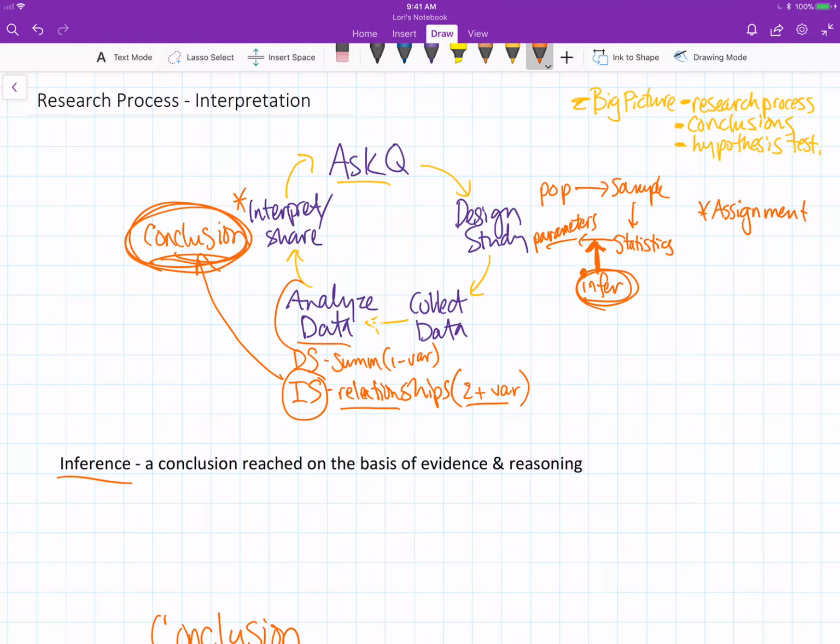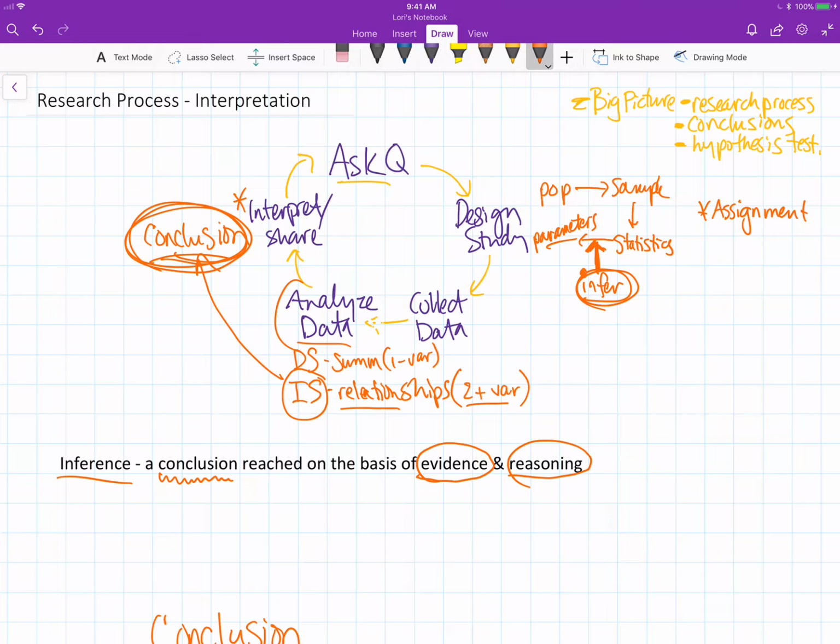So let's talk about this inference for just a minute. I like the Webster's definition of inference. It really has to do with statistical inference, and basically that is a conclusion that is reached on the basis of evidence and reasoning.